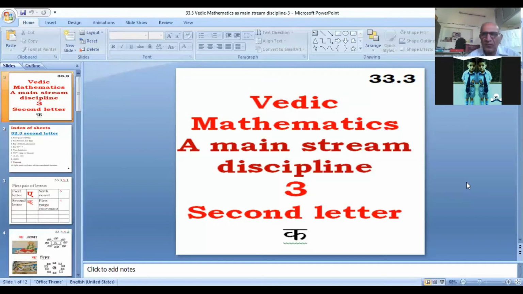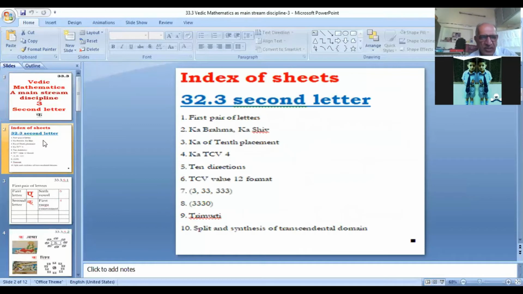Therefore, for this initiation, today we shall be taking 10 phases of reach. The first is the first pair of letters, then a second phase, Ka Brahma and Ka Shiv, then the placement of letter Ka as 10th placement after 9 vowels.